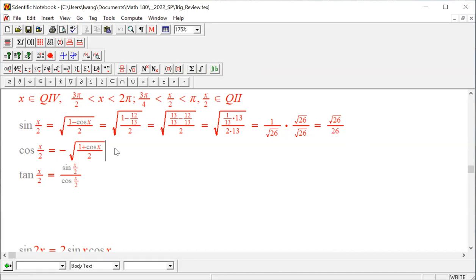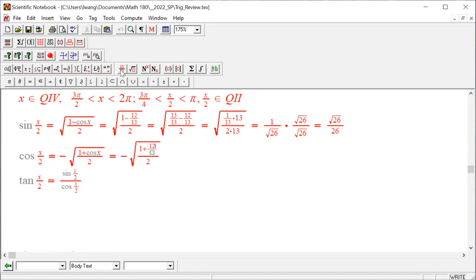Simplified. The next one, be careful, and select a negative sign. Why? Because the half angle is in the second quadrant. So we're going to plug in the number. We have to attach the negative sign along the way. And this piece is 12 over 13. And the negative sign is going to be tagging along all the way.